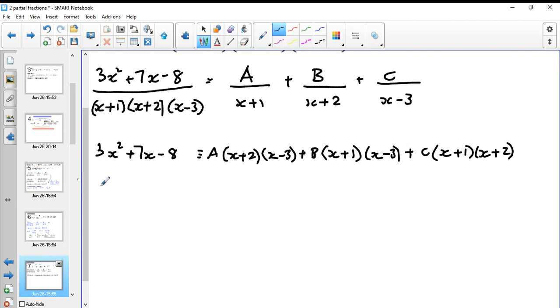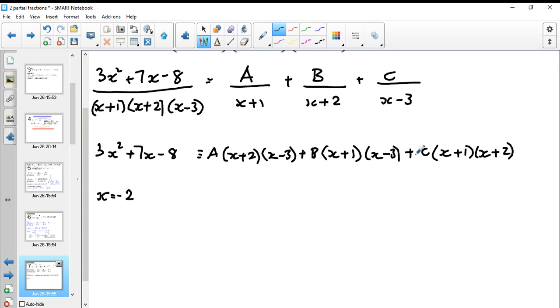Now we're going to substitute in. So let's start with minus 2. If I substitute minus 2 into here, that's going to become 0, so all of that will disappear. But that will also become 0, so all of that will disappear.